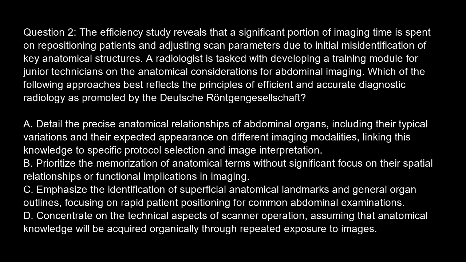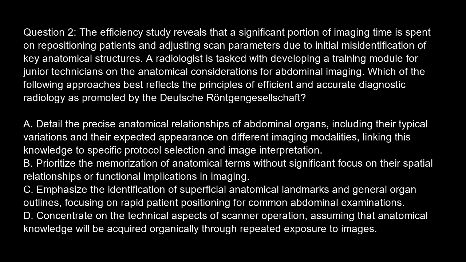Option A. Detail the precise anatomical relationships of abdominal organs, including their typical variations and their expected appearance on different imaging modalities, linking this knowledge to specific protocol selection and image interpretation. Option B. Prioritize the memorization of anatomical terms without significant focus on their spatial relationships or functional implications in imaging.